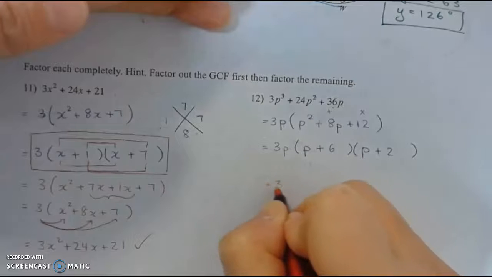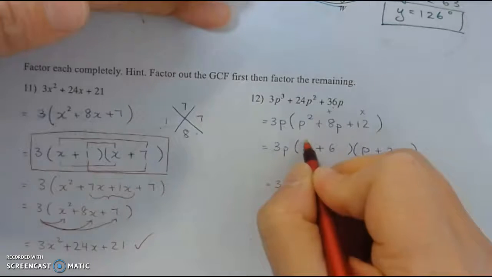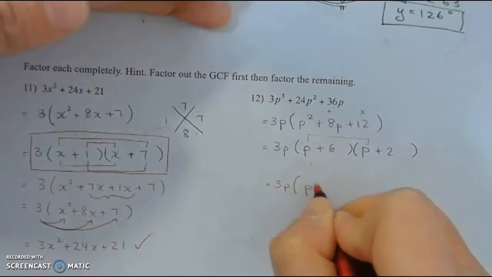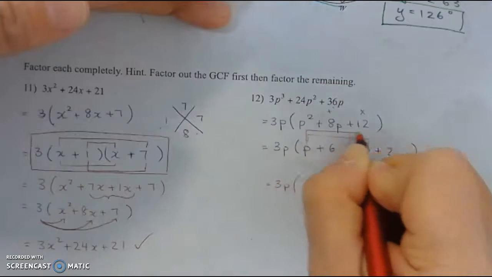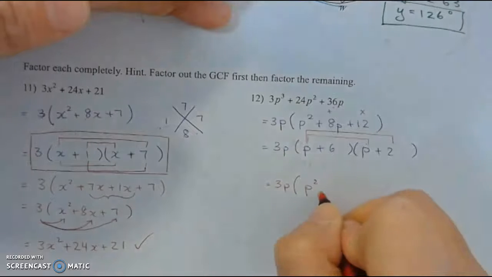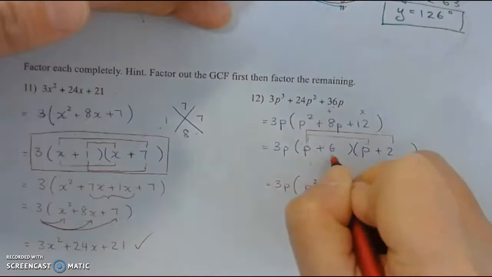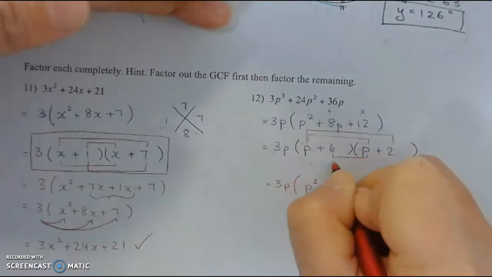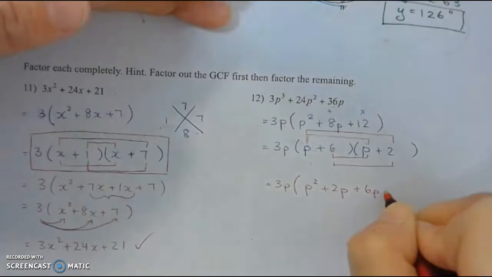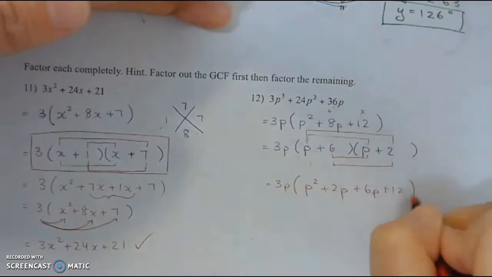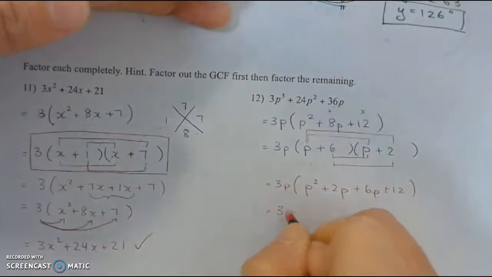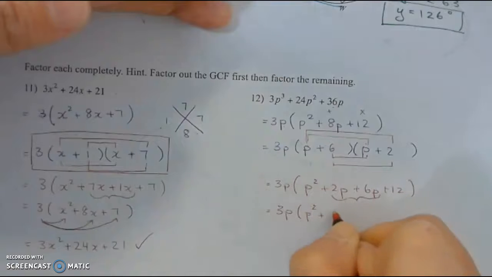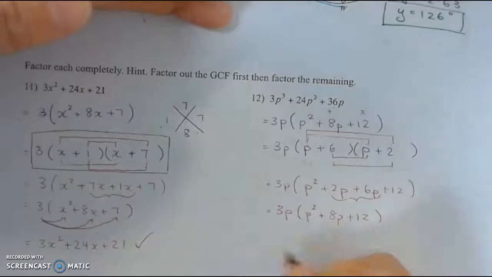So that becomes 3p times, okay, first with first, that's going to be p squared. First outside is going to be plus 2p. Inside is plus 6p. And then last with last, that's going to be 12. And 3p is still staying there. And then we're just combining the two like terms, p squared plus 8p plus 12.